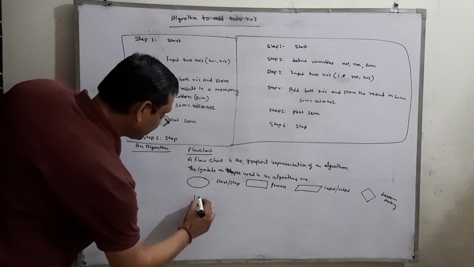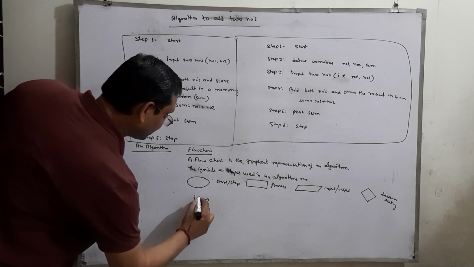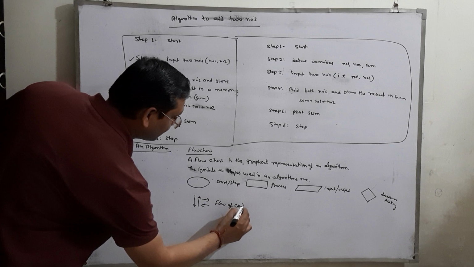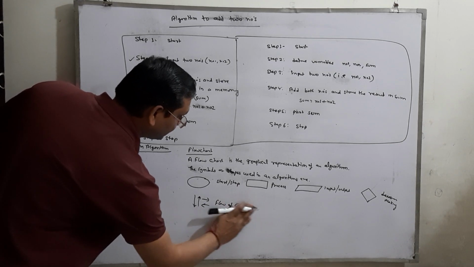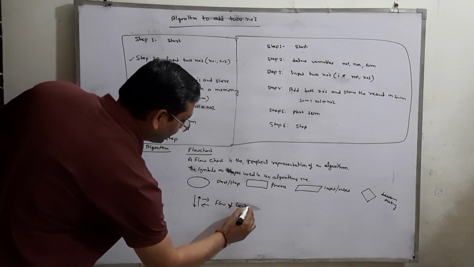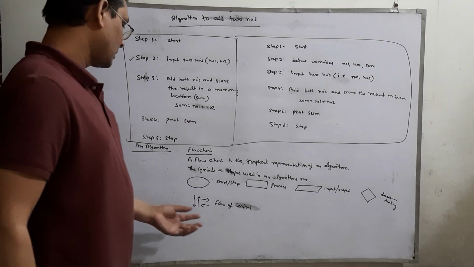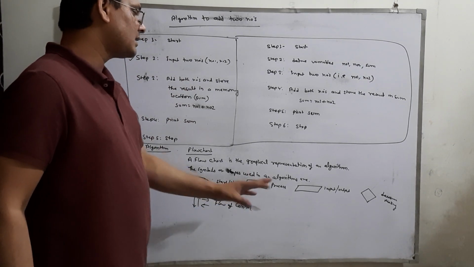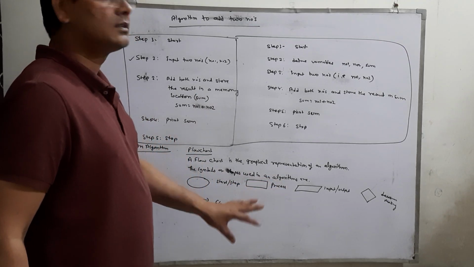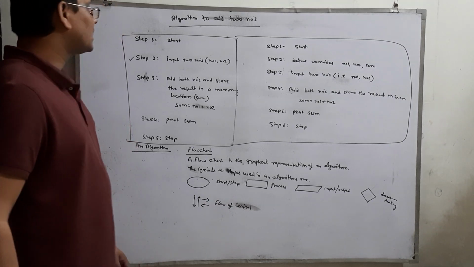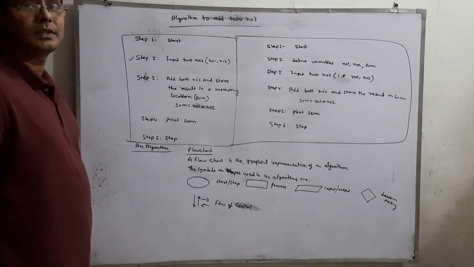Arrows, flow of control. These are the basic things which we need to draw the flow chart for a particular algorithm.